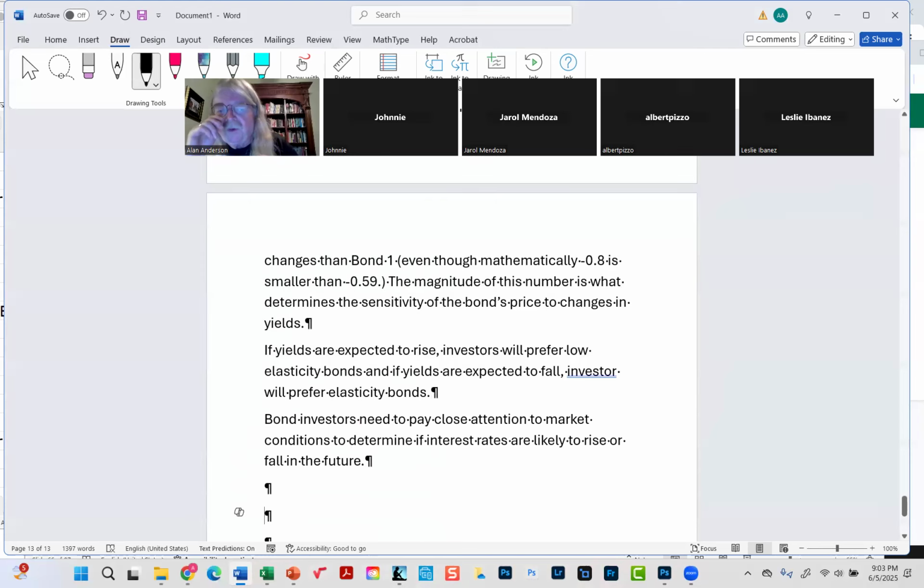So you know that if you're a bond portfolio manager, you've got your eye on the news constantly. You want to know what's happening out there to determine if rates are heading up, if they're heading down, to help you decide what your strategy is.